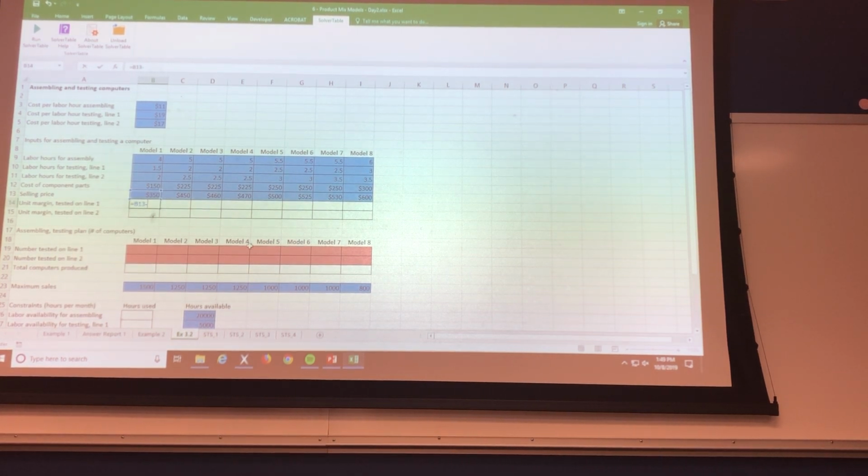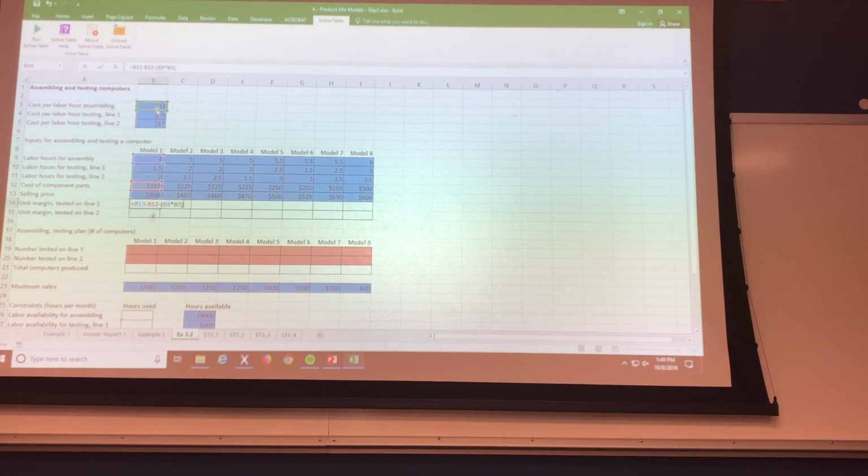and we now start to subtract out the different costs. What could we put in next? I always put the component parts in there next because it's one of the easier ones to do. And then we would subtract out what else? The cost for assembly, which is 4 hours at a rate of $11 an hour.